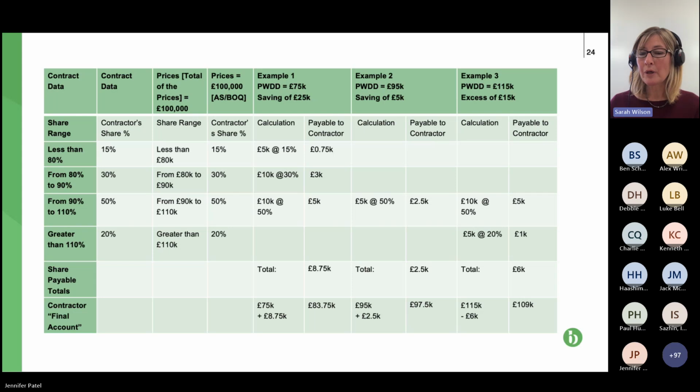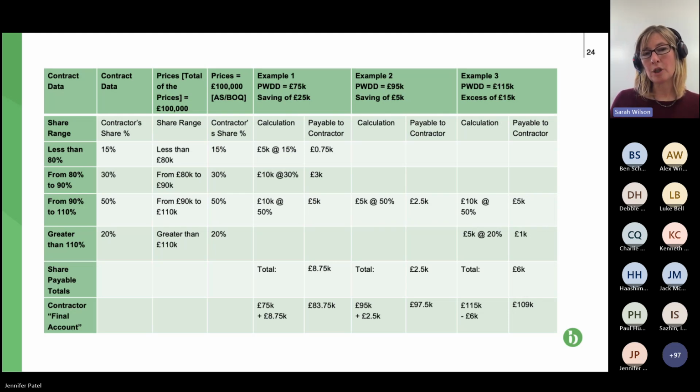So we know that the contractor has already been paid 75k. That's its gain share, the 8.75. So the total the contractor is entitled to is 75k plus the 8.75 equals 83.75k.